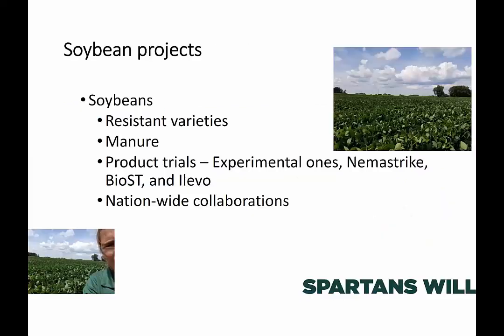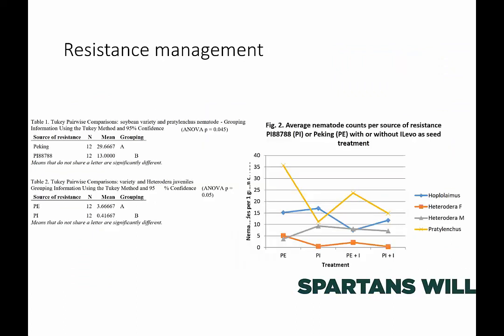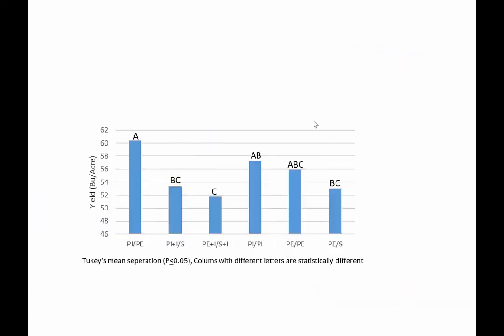We are doing several trials evaluating rotations, and these results here show that when you rotate PI 88788, which I abbreviated as PI, and Peking, abbreviated as Peking, you get the highest yield.